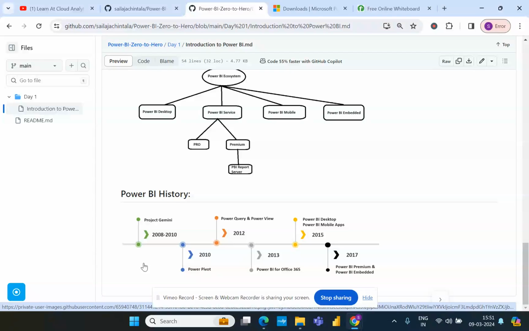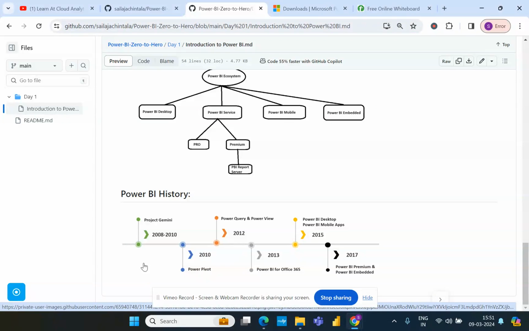With that success, they added some additional components as part of the ongoing Project Gemini. And what components did they add? In 2012, they brought in Power Query and Power View.